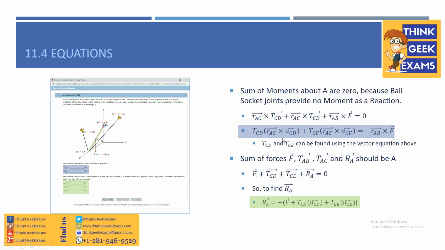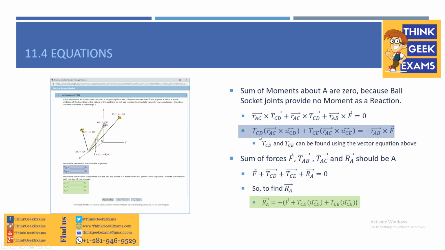So the way we get the useful equation is this one. What happens here is the vector TC can be separated into TCD, the magnitude, and UCD, the unit vector. We separate those out and create a known cross multiplication that we can calculate, because all of these are known numbers.